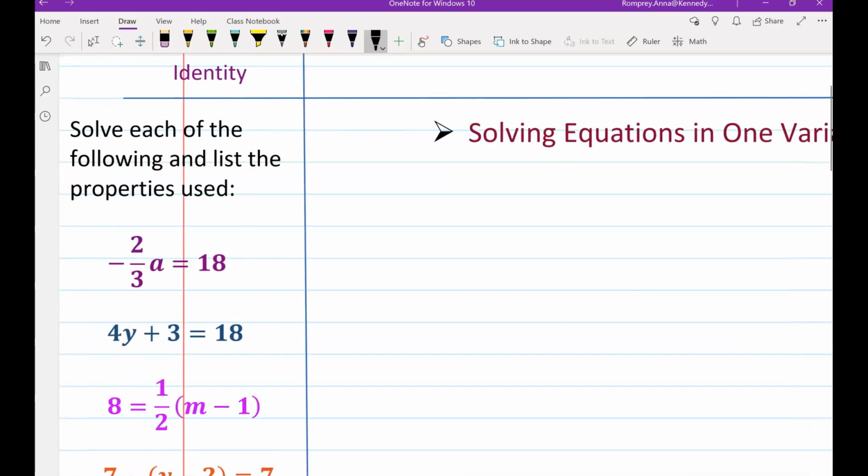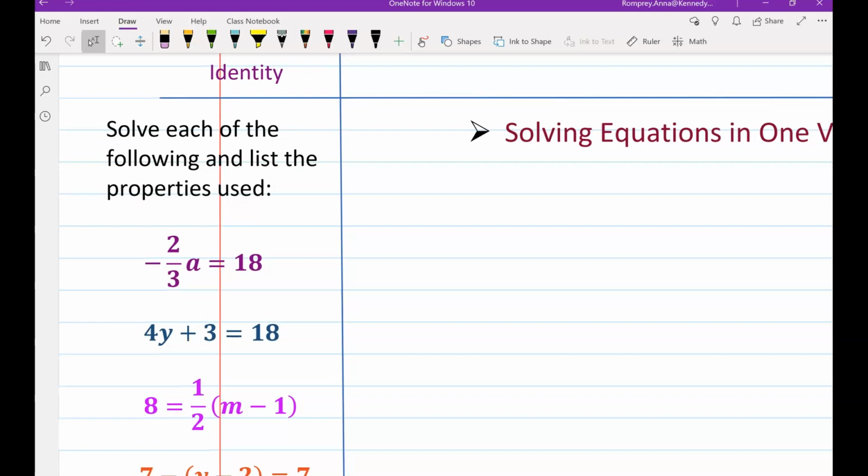Okay, so let's look at our first equation. Negative 2/3 a equals 18. I should probably move that over. Okay, negative 2/3 a. What operation is going on there that we have to undo? Because I don't see any distributing.